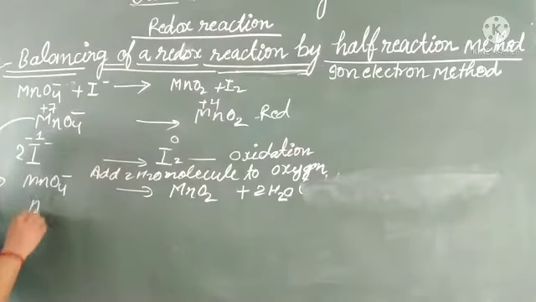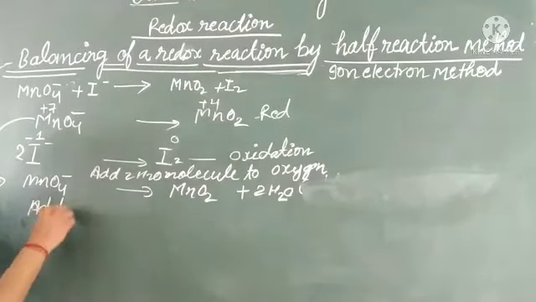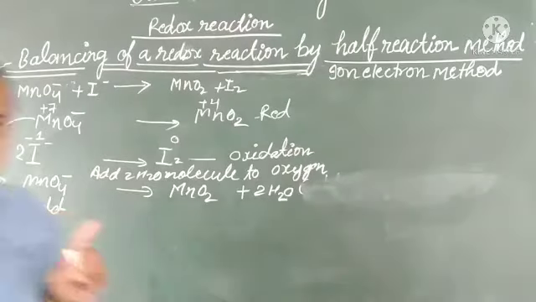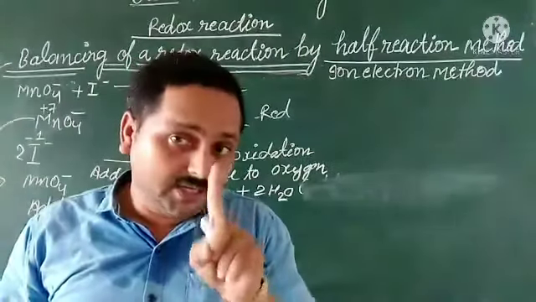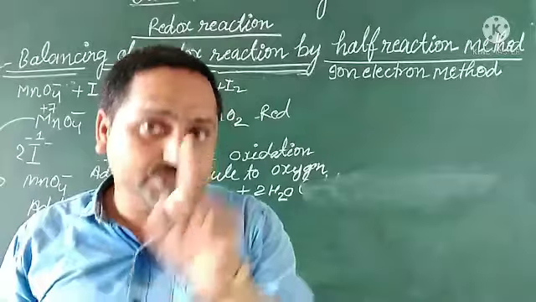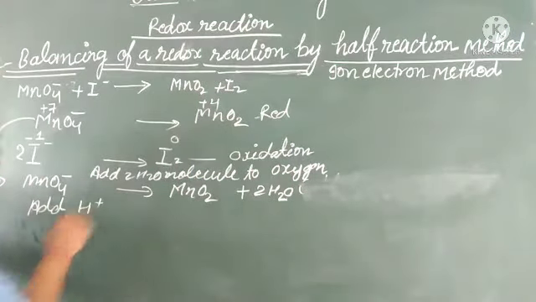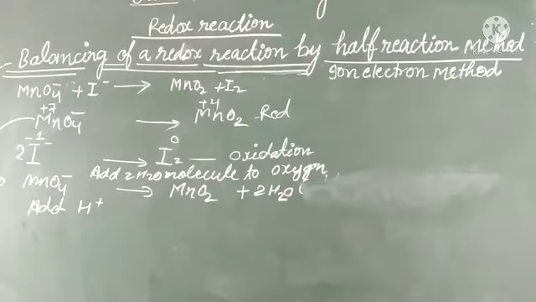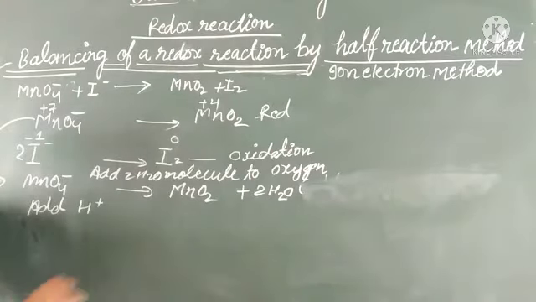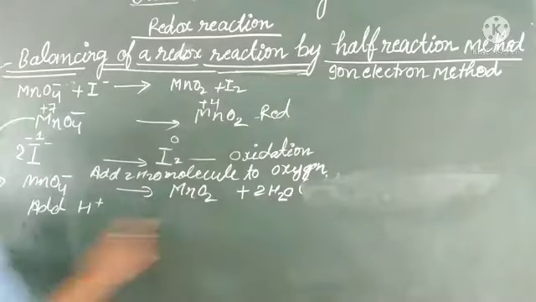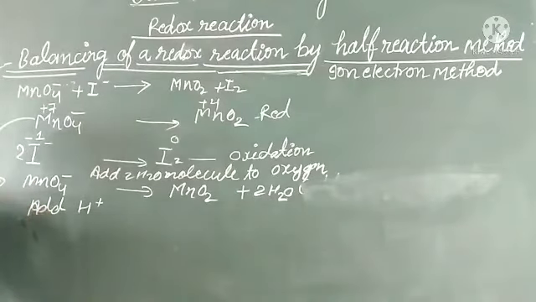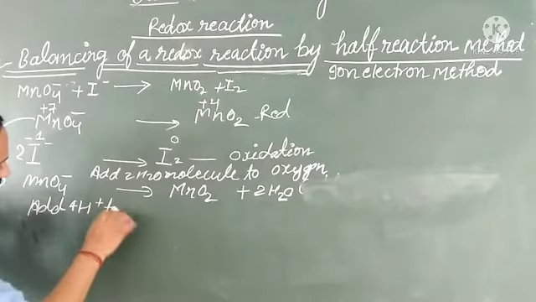What are you going to add? For acid medium, what do you add? We add H plus. How many hydrogens are there? 4. And this side has no hydrogen. Add 4 H plus to balance hydrogen.